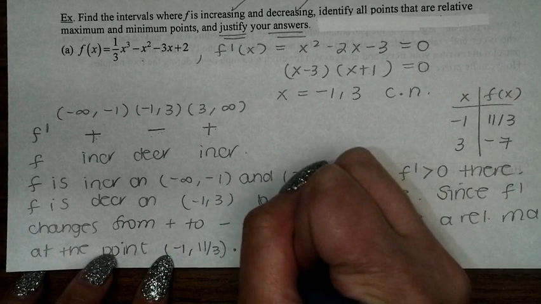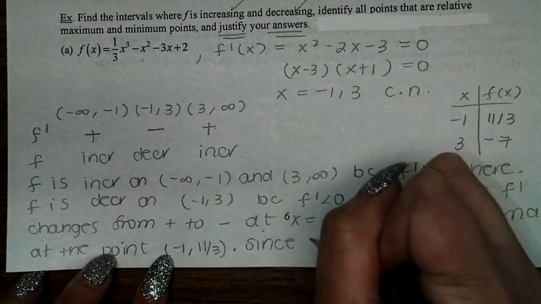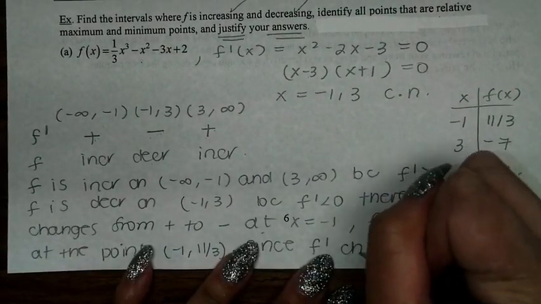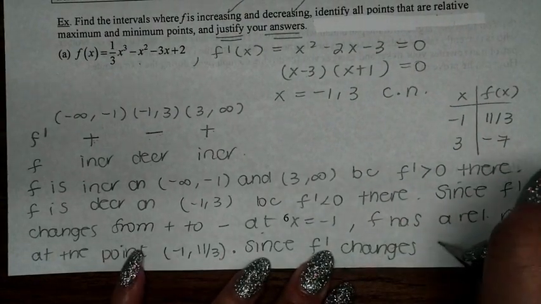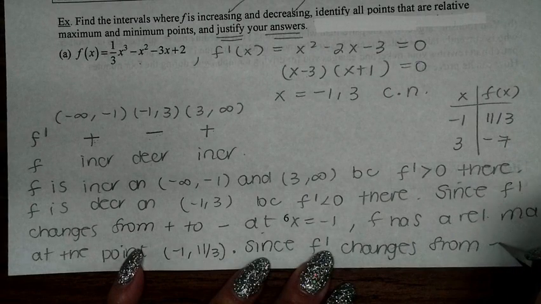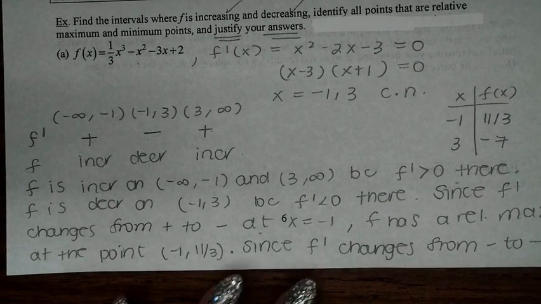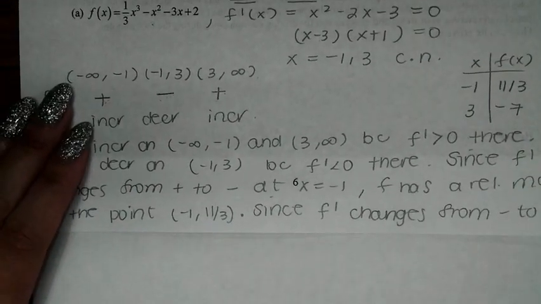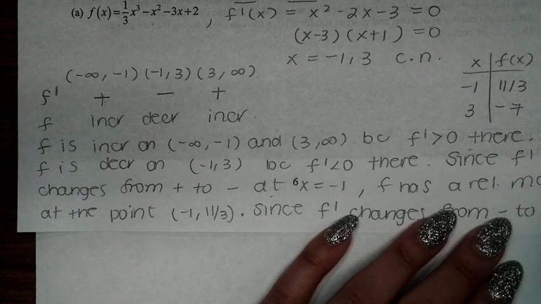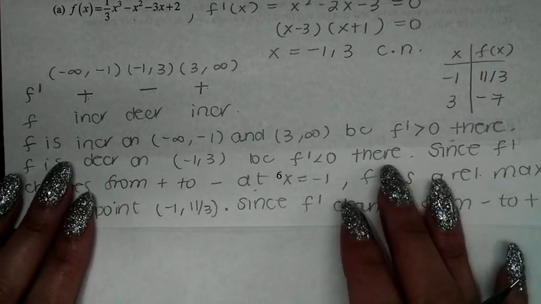So, and similarly, you have that since f prime changes from negative to positive, and I'm going to use an extra piece of paper here because I'm running out of space. Let me put it here so you can see it.